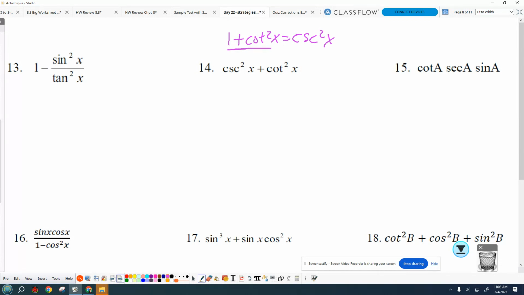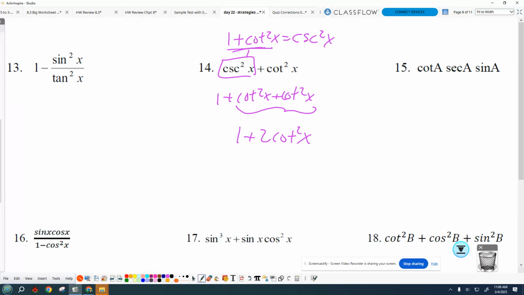So cosecant squared. It's negative 1, I guess.